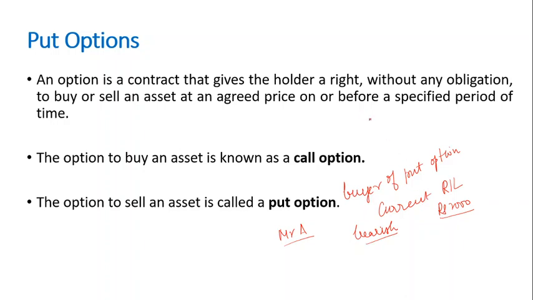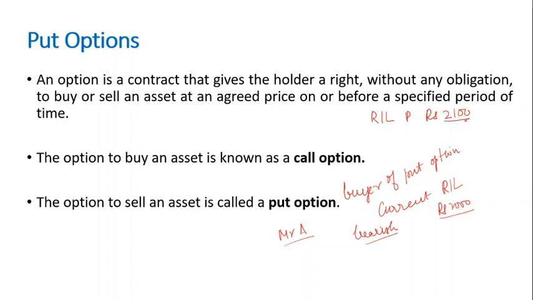So what he can do, he can buy a put option. Let's assume he buys a Reliance Industries Limited put option at rupees 2100. As I mentioned in the previous session, every option contract will have an exercise price.